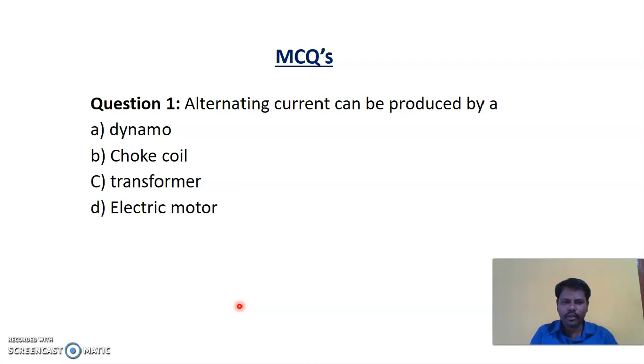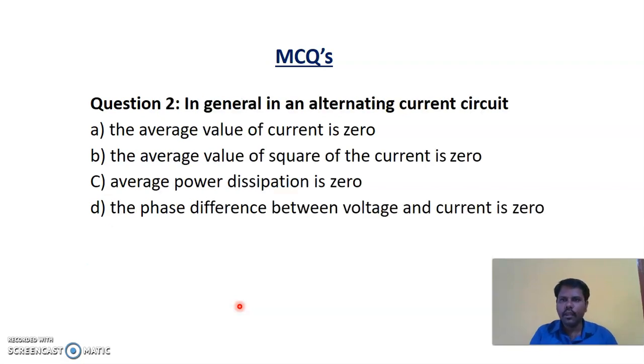Let's have a quick set of MCQs. Question 1. Alternating currents can be produced by? Answer is dynamo. In general, in an alternating current circuit, the average value of current is 0.